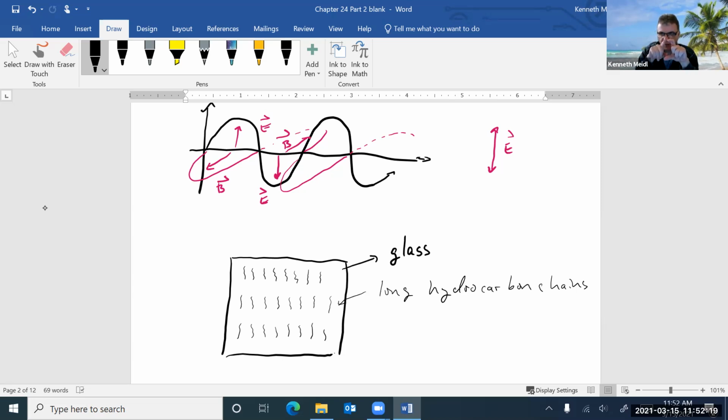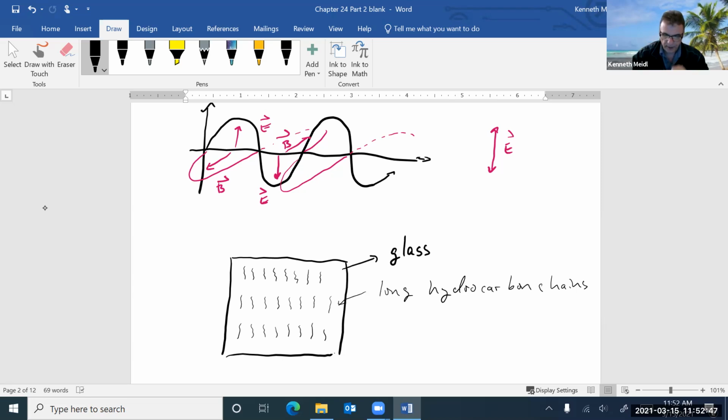But this Y component of the electric field, when it hits these carbon chains, the charged particles on the carbon chains feel this electric field and it's changing, right? And so the charged particles on the hydrocarbon chains are getting pushed up and down, just really like what happens on an antenna, like on your car. And so your antenna grabs that wave and the same thing happens here.